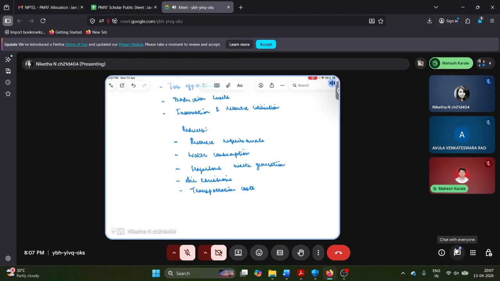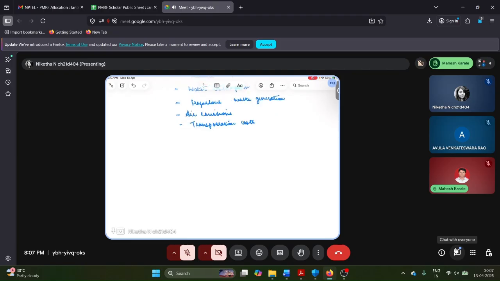Generally, if there is a cluster of industries, they all generate wastewater, which is taken to a common effluent treatment plant, also called CETP.